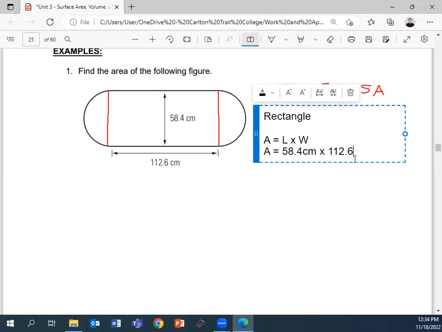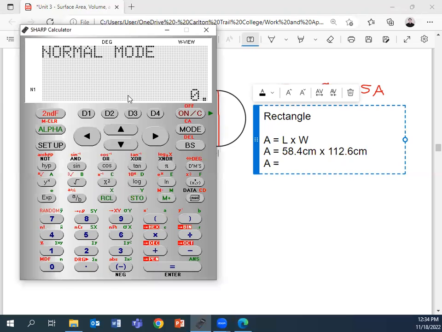So times centimeters. Kimberly, this is where I was going to show you something. The calculator that you're going to see on my screen here is the same as yours. Mine's just an emulator, so it looks a little different, but the buttons are in the same place. If I take 58.4 times 112.6 and press equals, you're going to get a little fraction there.